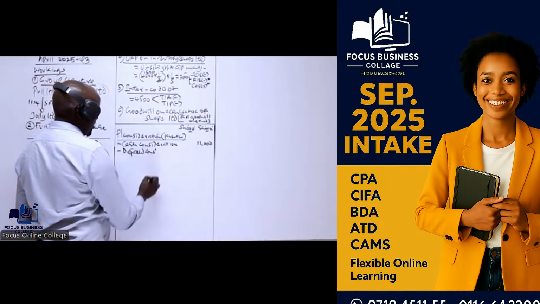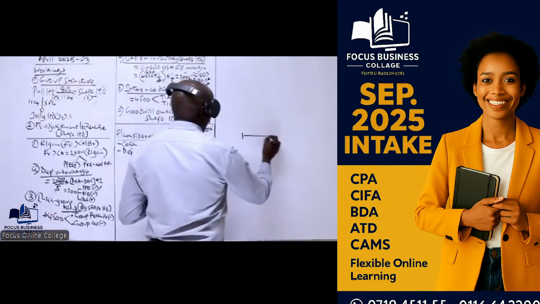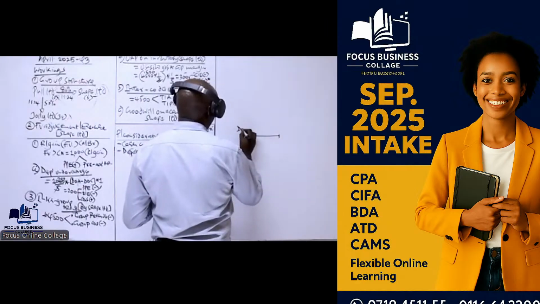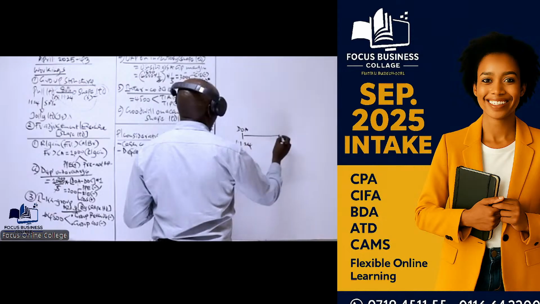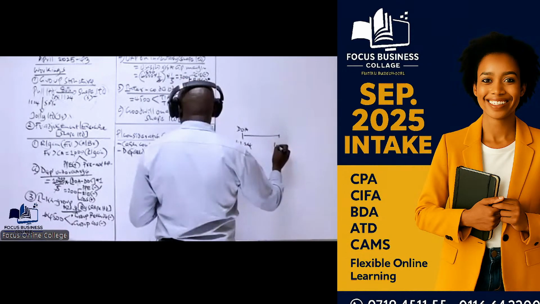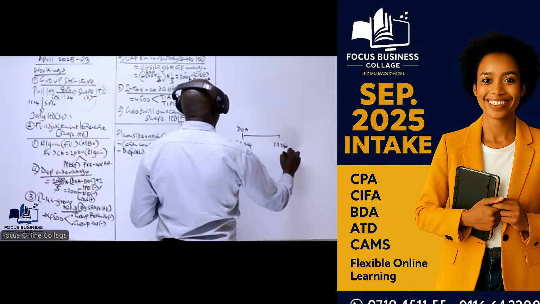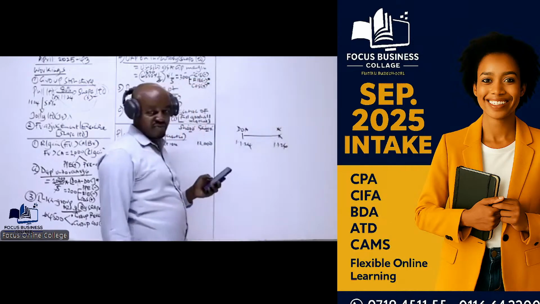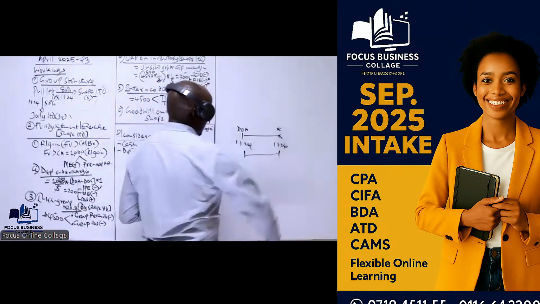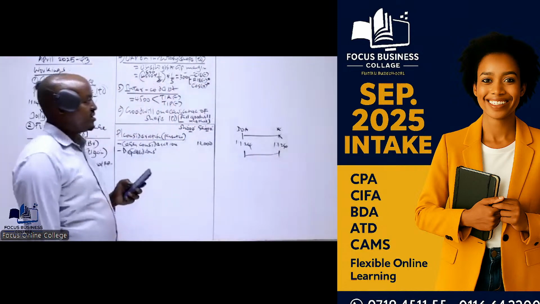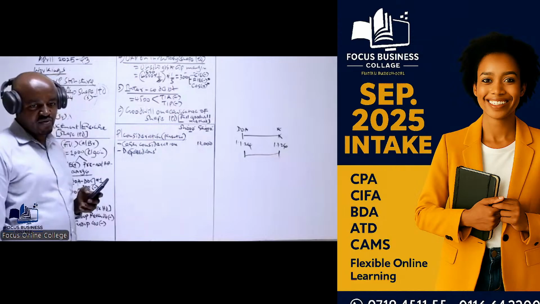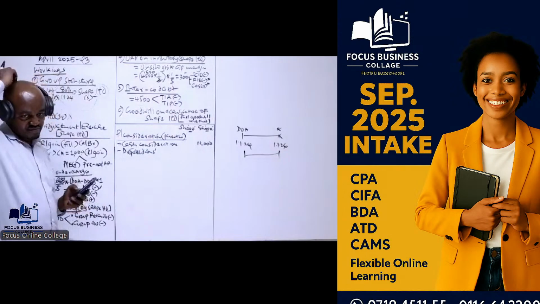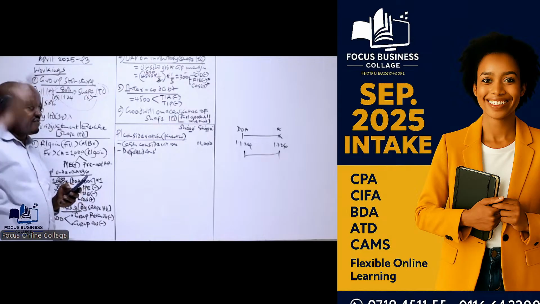The date of acquisition is 1st January 2024, and that consideration will be paid on 1st of January 2026. So how many years do we have between those two dates? Do we have 1 year? Do we have 2 years?